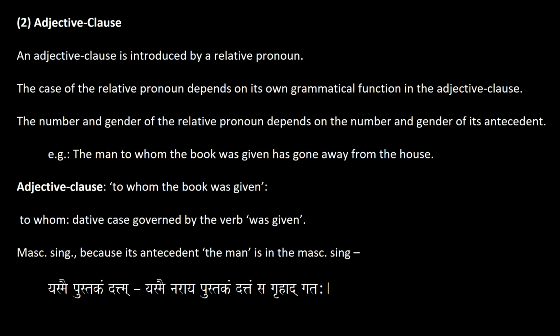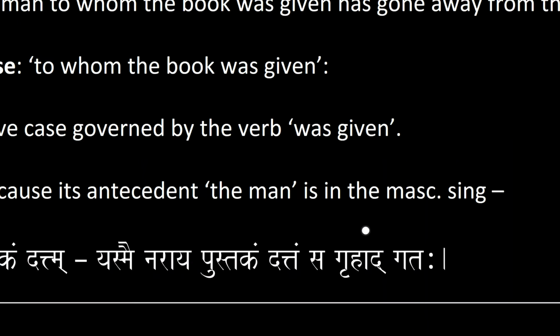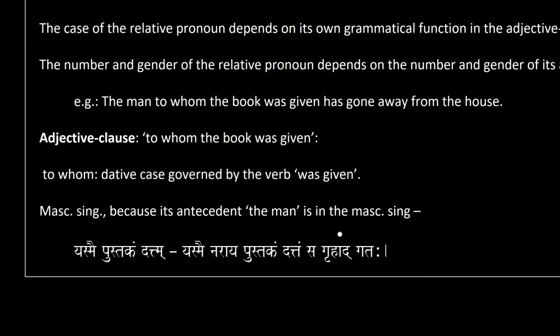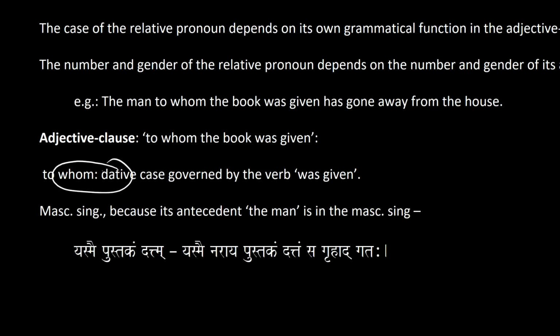And then it's masculine singular because the antecedent, the man, is masculine singular. The dative form of whom is yasmai. So you have yasmai pustakam dattam, yasmai naraya pustakam dattam sagrihad gataha.